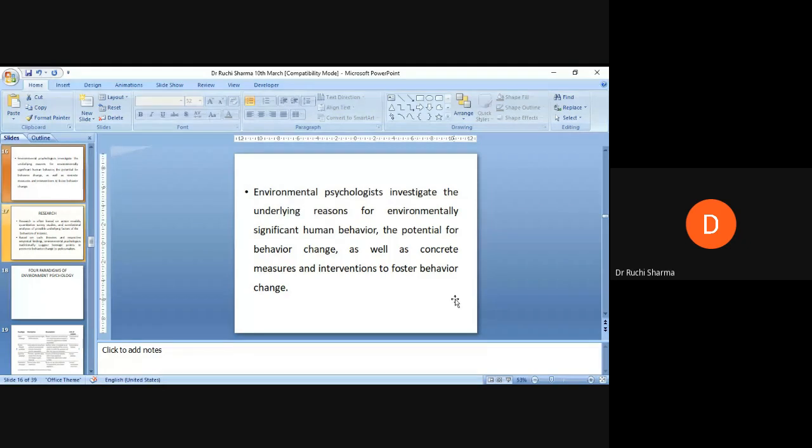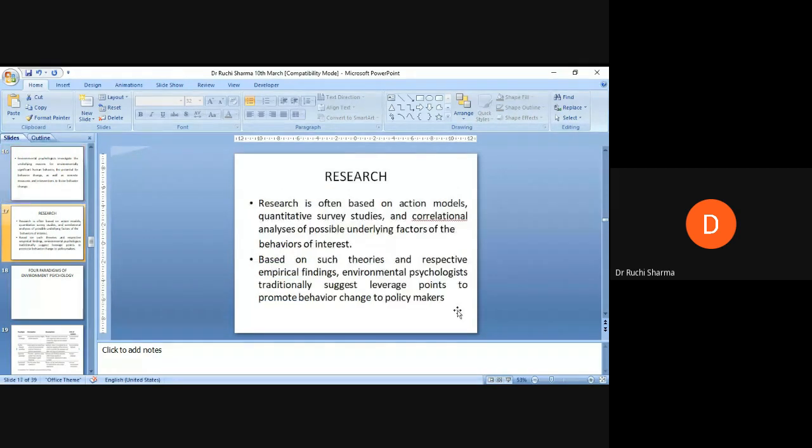So environmental psychologists investigate the underlying reasons for environmentally significant human behavior, the potential for behavior change, because it is said that we learn behavior, as well as concrete measures and interventions to foster behavior change.